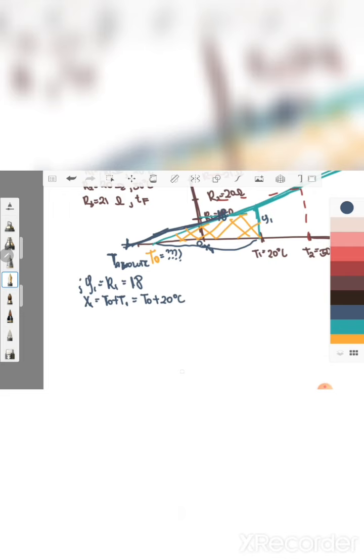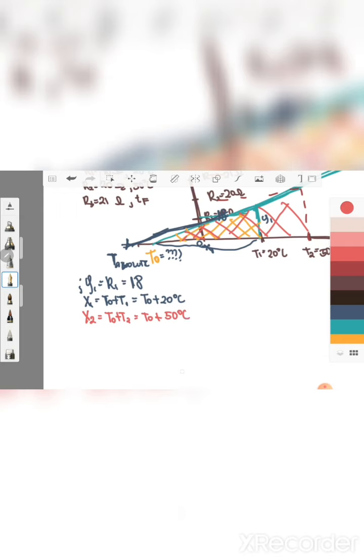And then, kukunin natin yung x2 natin. So, we have this triangle. So, our x2 is equal to TO plus T2. Wherein our TO is unknown, plus our T2 is equal to 50 degrees Celsius.